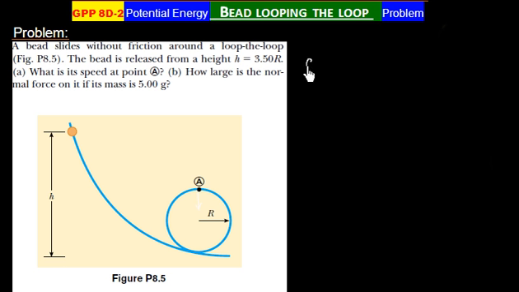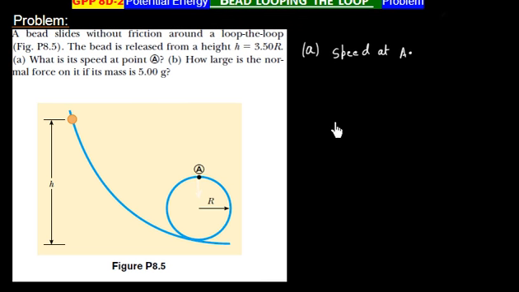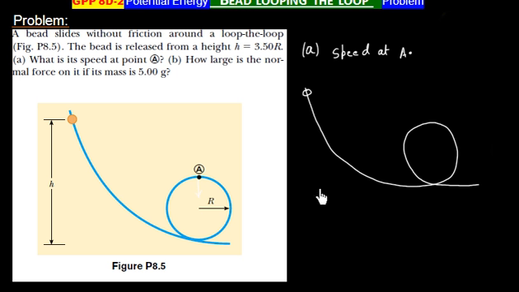So let us discuss part A first. We have to find the speed at point A. So we have this loop and this bead is initially here, and this height is given.